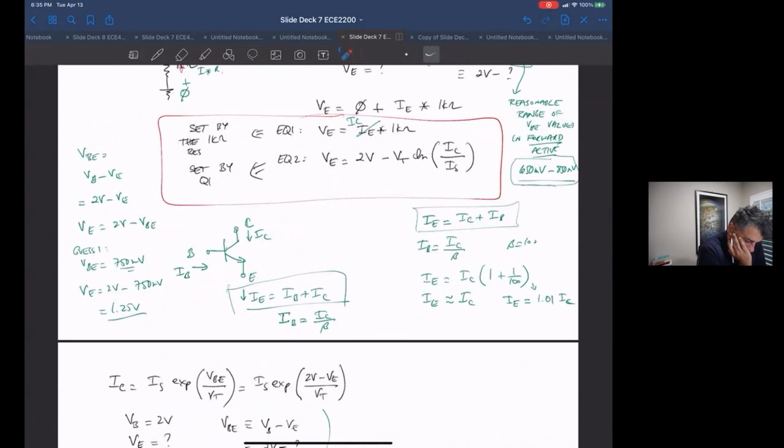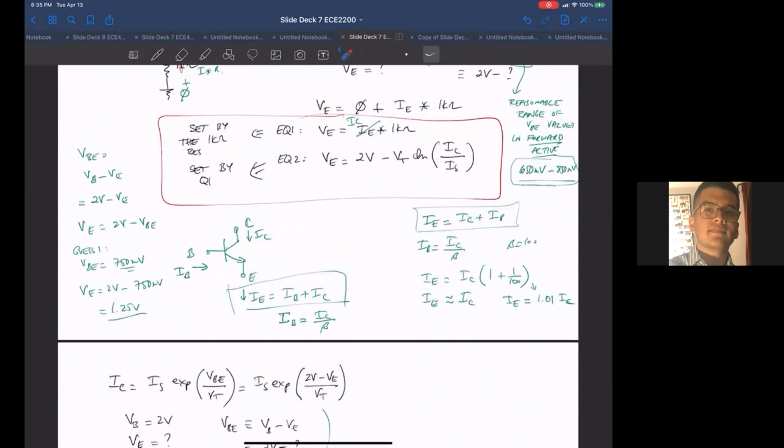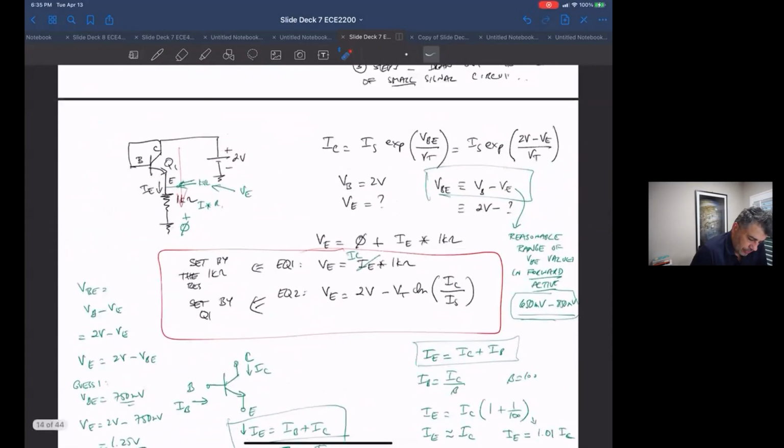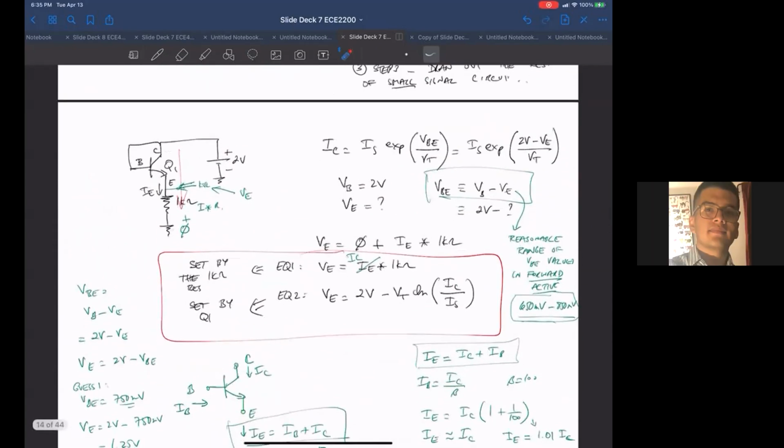If we were to plug that into IC equals IS exponential of VBE over VT, we would get a value that's off, like how you showed on the graphical method.